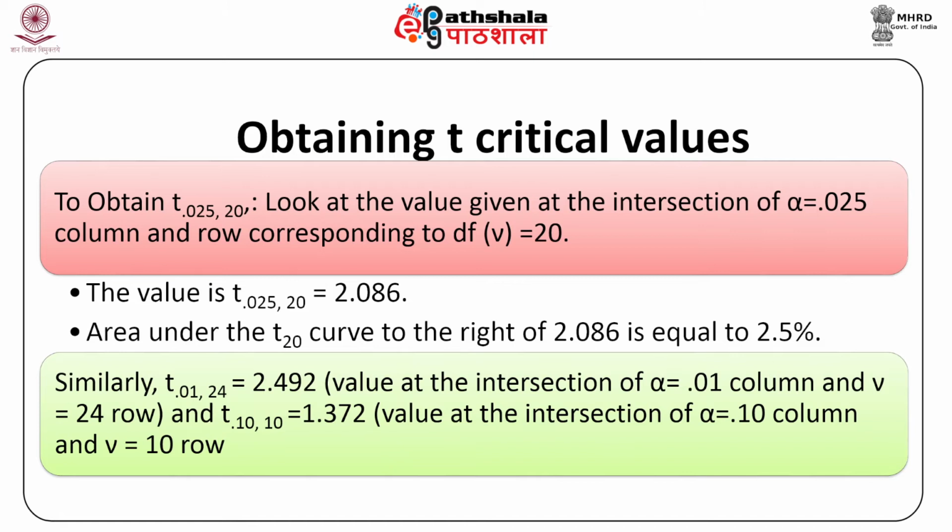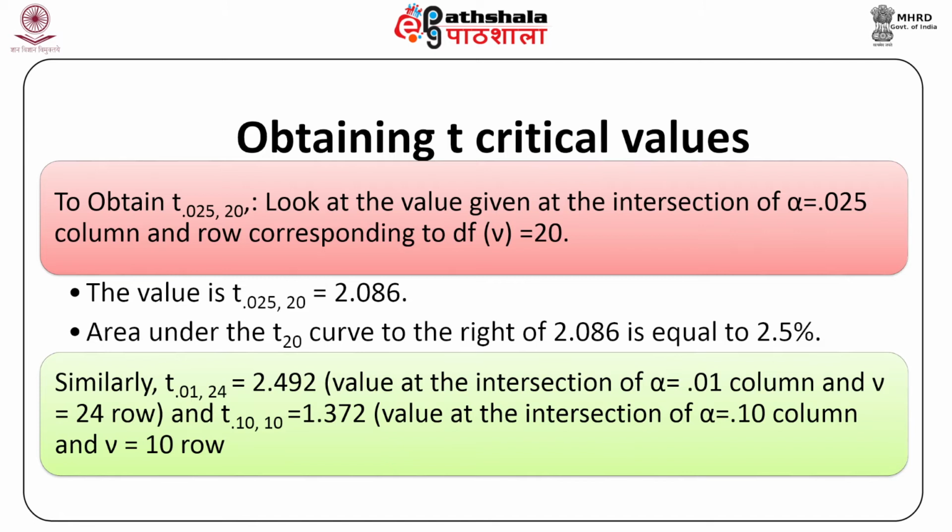This means that the area under the t20 curve to the right of 2.086 is equal to 2.5%. Similarly, we can find other values also. For example, it could be t 0.01 and 24 degrees of freedom, which is equal to 2.492, obtained from the intersection of the alpha equal to 0.01 column and the degrees of freedom 24 row.